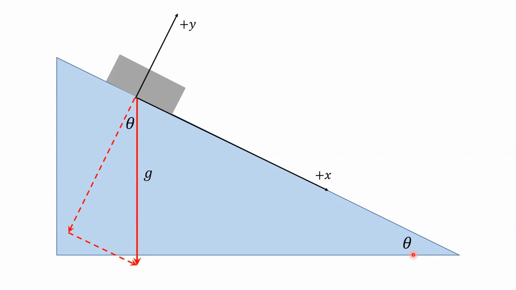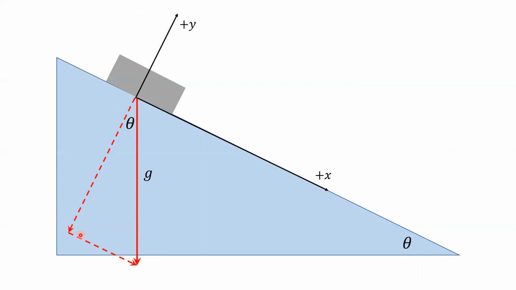In many problems, it's most convenient to put your x-axis horizontal and the y-axis vertical. But for this particular setup that we're looking at, it's actually easier or more convenient to put the x-axis parallel to the ramp. In this case, I've chosen positive as down the ramp, and the y-axis would be perpendicular. And that means I can give these components names now.